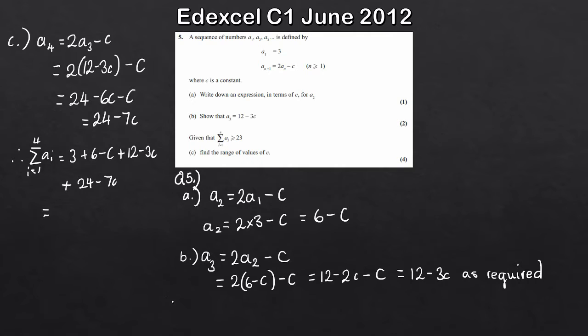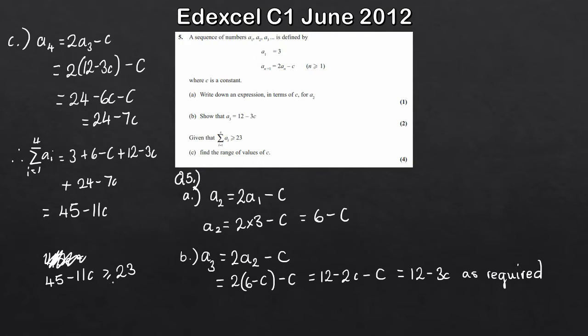Collecting like terms here, what we obtain is 45 minus 11C. Okay, so that's the sum from 1 to 4 for A_i. Now what we know is that this sum here is greater than or equal to 23. So what we know then is 45 minus 11C, sorry, wrong way around, is greater than or equal to 23.